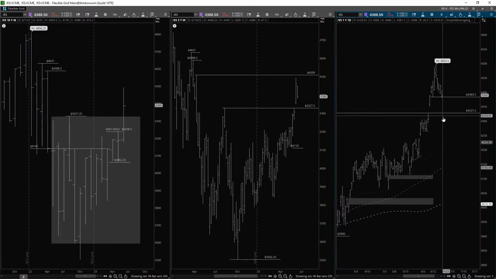If this market breaks, there could be some acceleration to the downside. If these traders have naked calls up here, because this seems so far away, now they could be underwater.